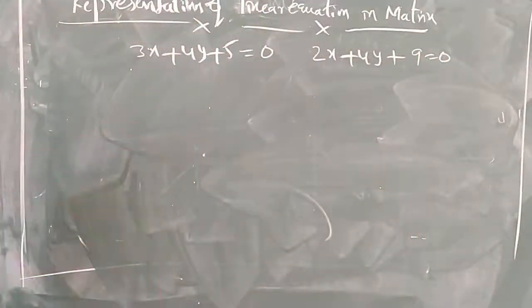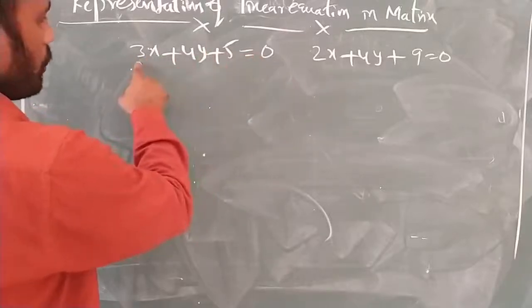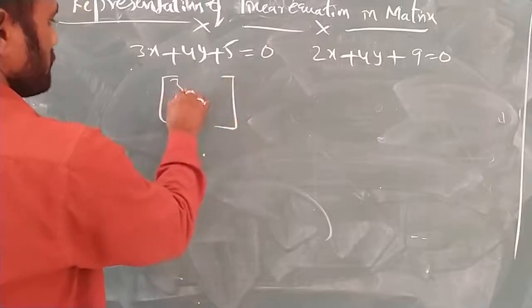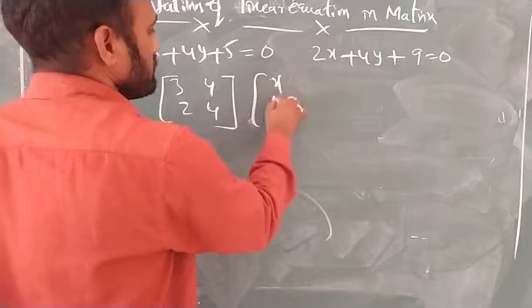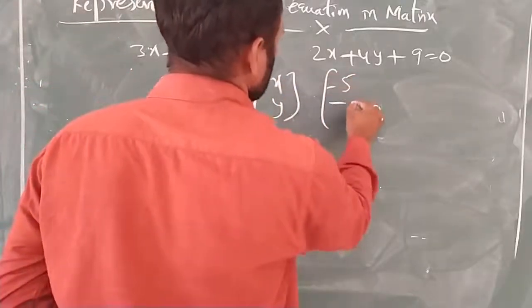These are the two linear equations. We treat the coefficients of the variables here: 3, 4, 2, 4, and variables x, y, and the constants minus 5, minus 9.